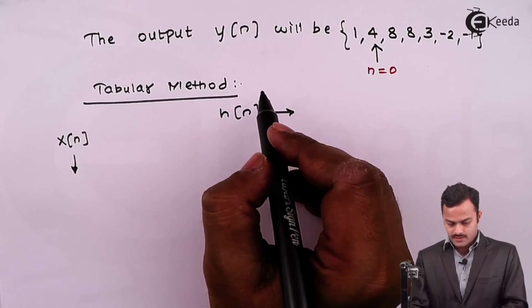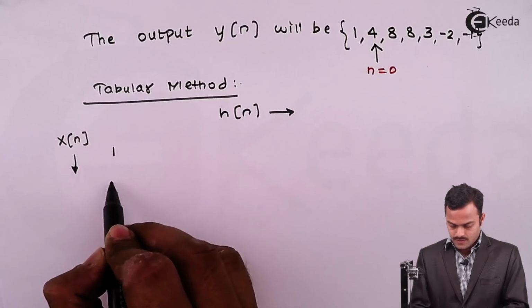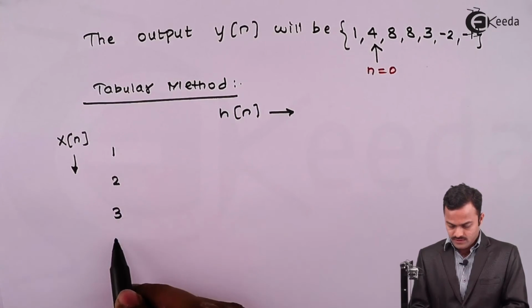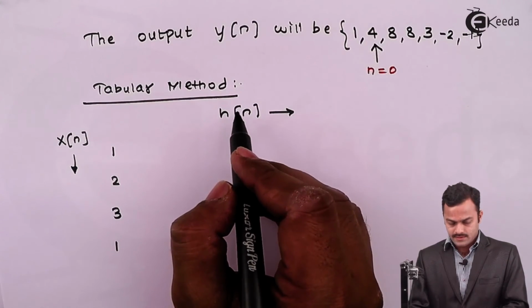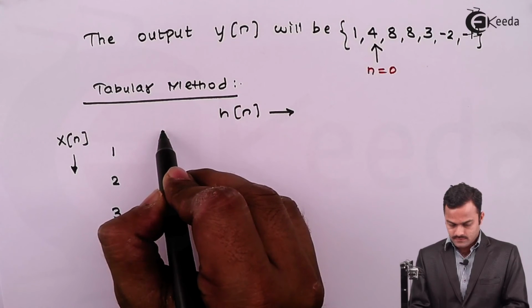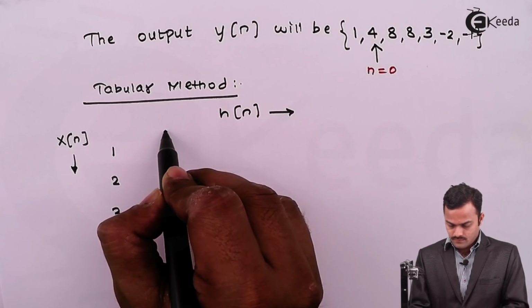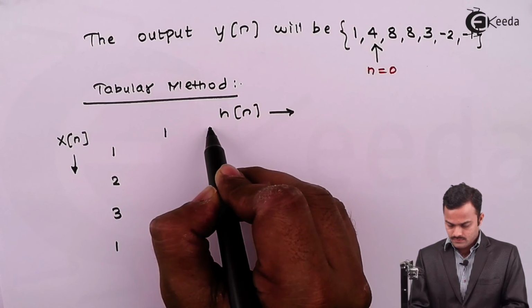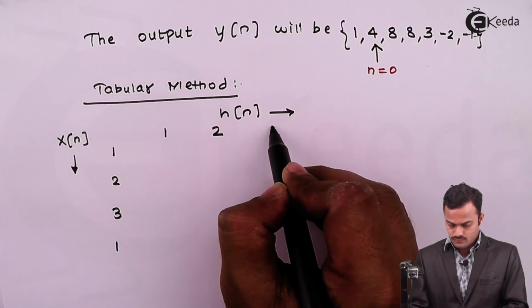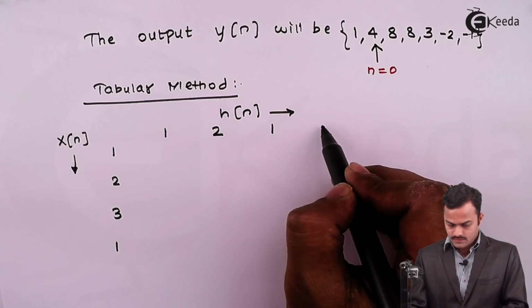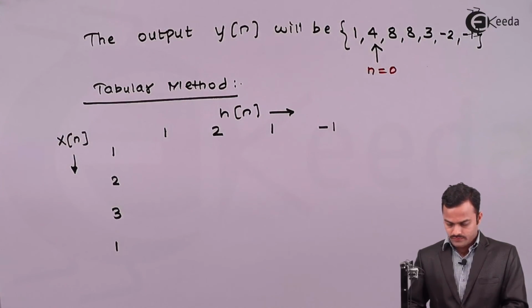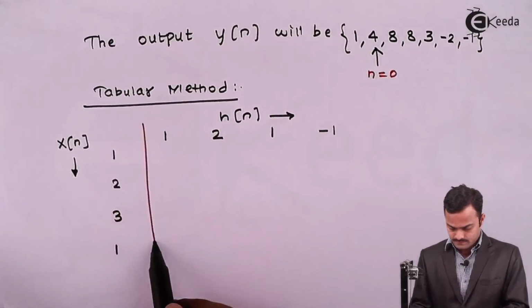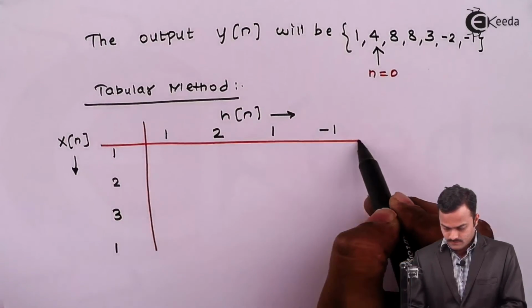So x of n is 1, 2, 3 and 1, and h of n is 1, 2, 1 and -1. So we can form this table.